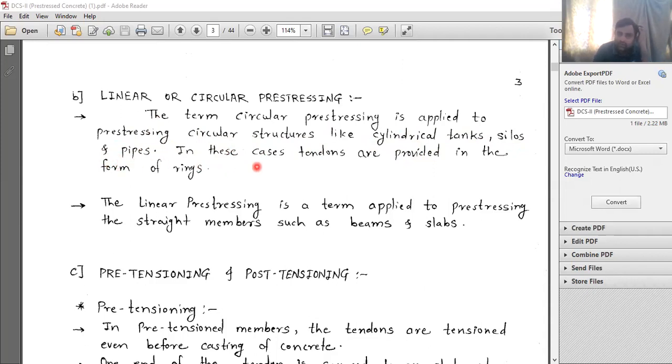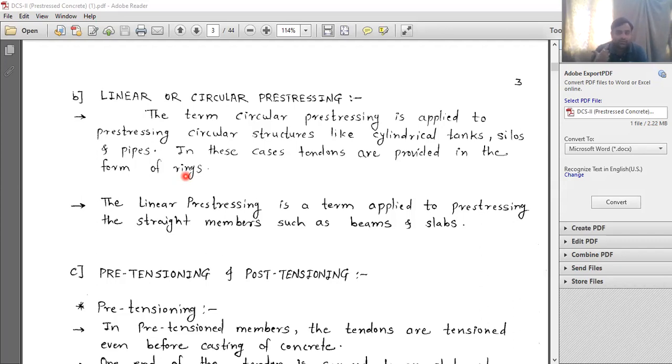In these cases the tendons are provided in the form of rings. As the name says, if the shape of the structure is cylindrical or circular, the reinforcement in it is also circular, and we prestress that circular reinforcement. That type of prestressing is called circular prestressing.